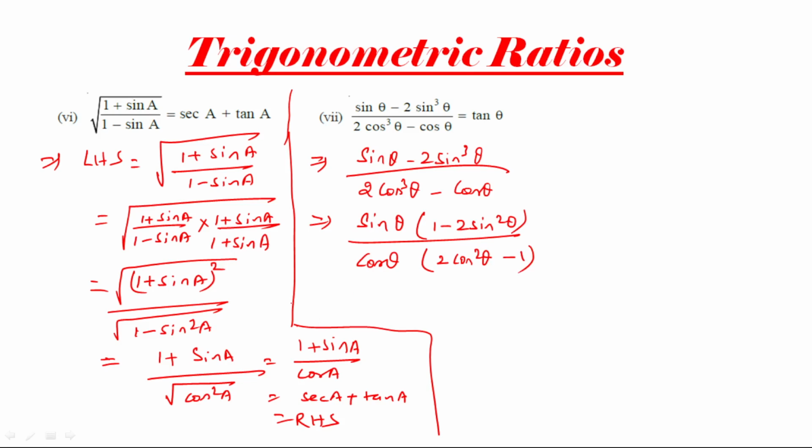Then further, sin theta by cos theta is tan theta, no doubt. Okay, in bracket we will put.